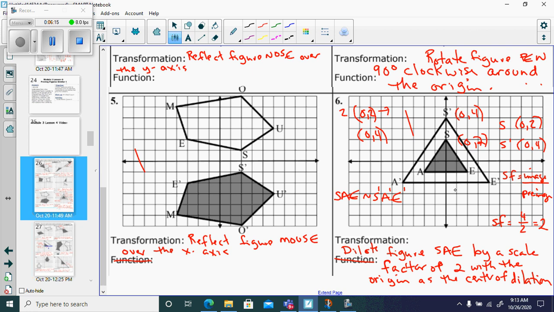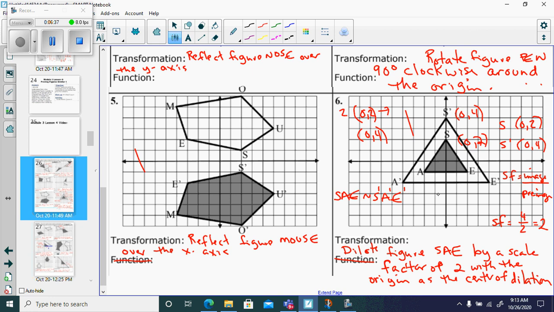Let's compare two sides, or you can compare two of the corresponding points, but I'm going to compare the side lengths, A to E. We know that scale factor is the image over the pre-image. I'm using these sides because they're on grid lines and easy to count.